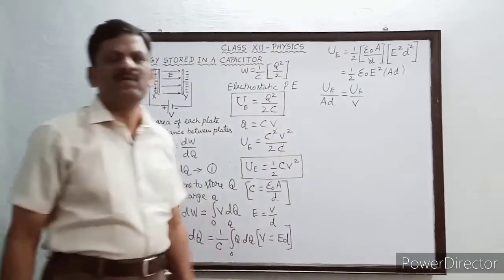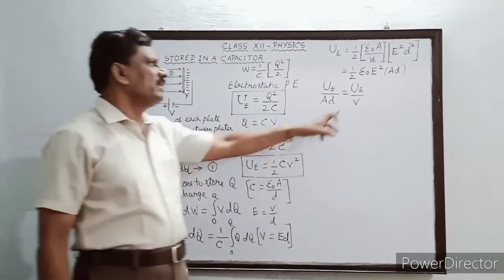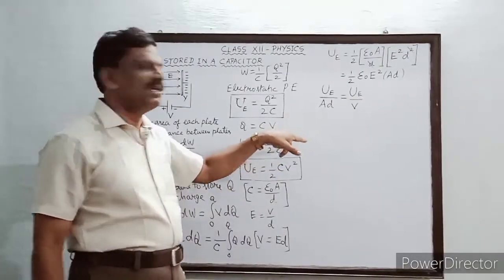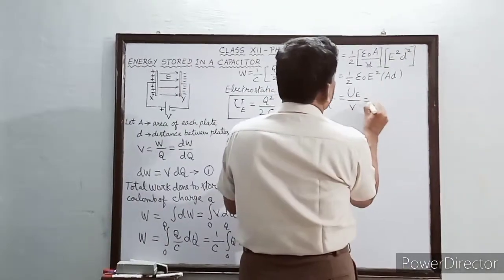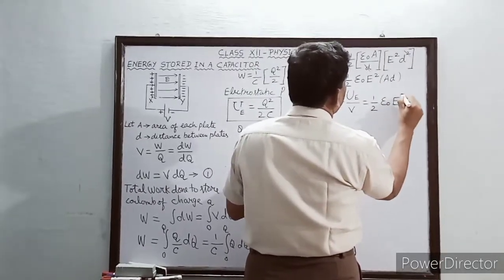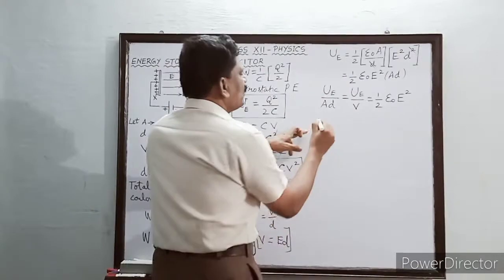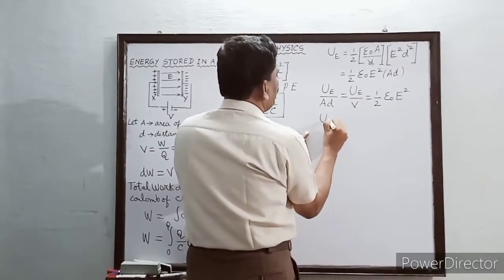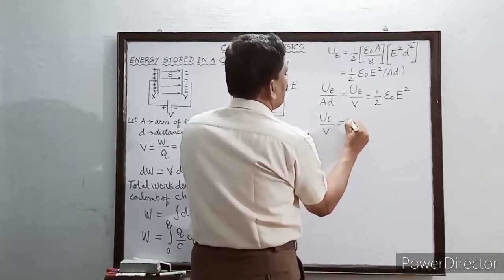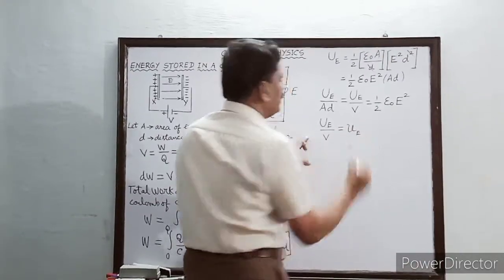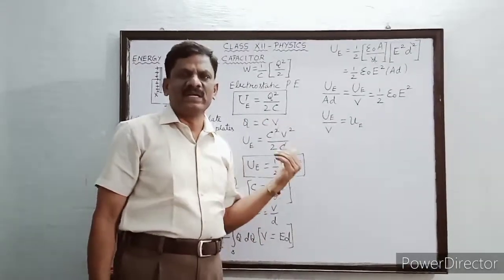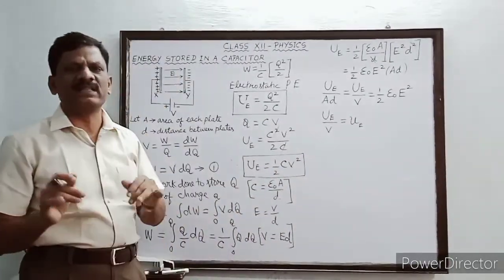That means we have got another expression, the electrostatic potential energy per unit volume, and this is equal to half into epsilon naught into E square. This quantity, potential energy per unit volume, is denoted by small u suffix e, small ue. Capital UE, as we have derived, is the electrostatic potential energy stored in the capacitor.